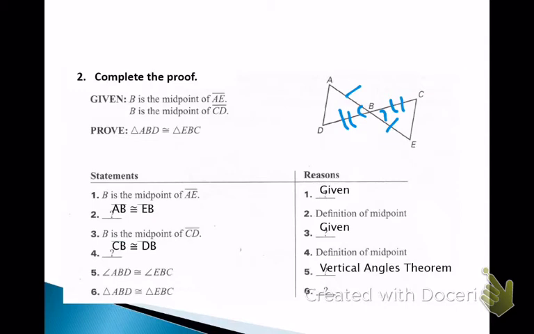And now you've got side angle side. Two sets of sides congruent, and a set of angles in between them congruent. And so the two triangles are congruent by the side angle side congruence theorem. Okay? So just, again, some more examples on what you can look for and how to make side angle side happen.